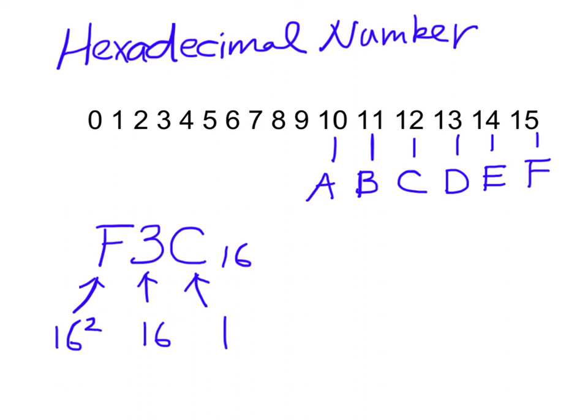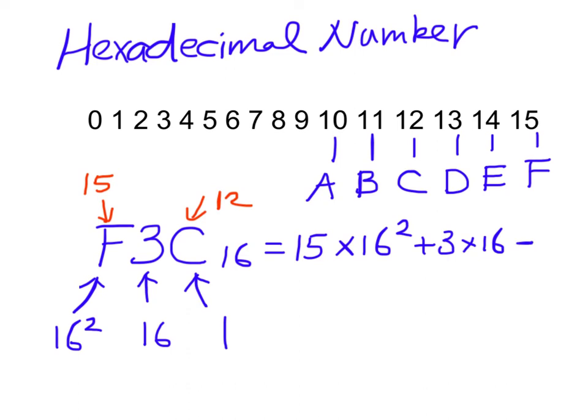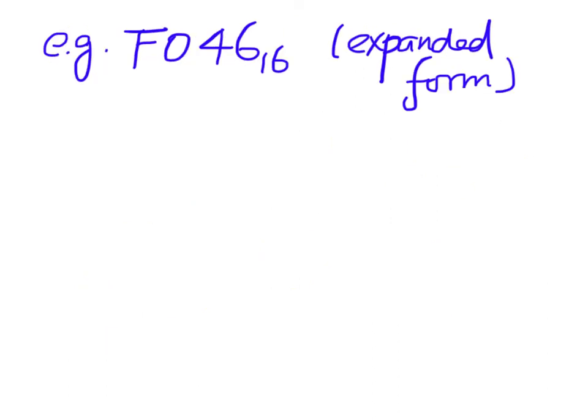Since C represents 12 and F represents 15, if we write this in expanded form, it will be 15 times the square of 16, plus 3 times 16, plus 12 times 1. If you check the value using a calculator, this will amount to 3,900 base 10.